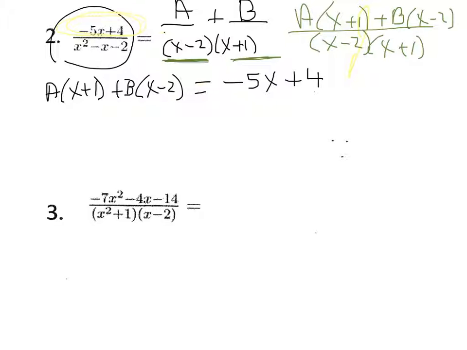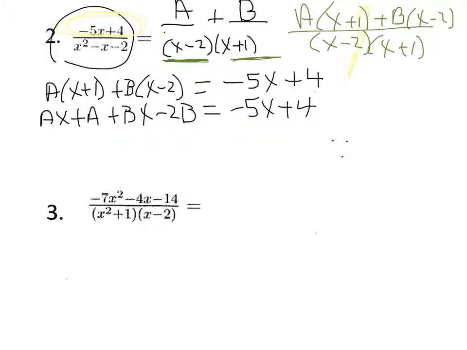The next thing we're going to do is distribute all this. This is going to be ax plus a plus bx minus 2b, and that's all going to be equal to negative 5x plus 4. I'm going to make this red.